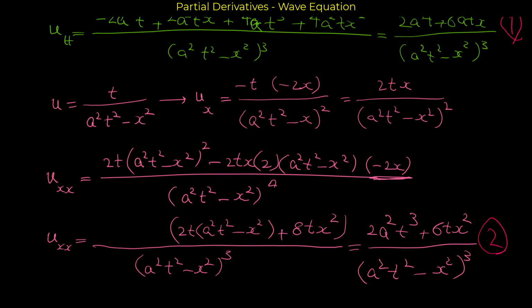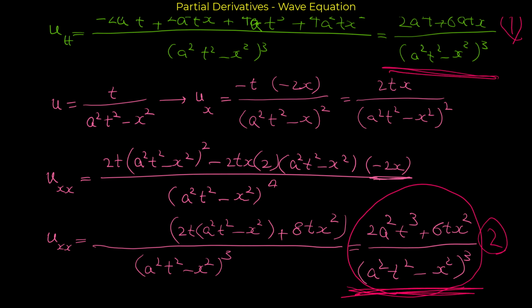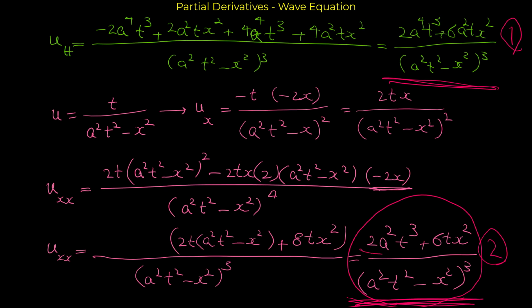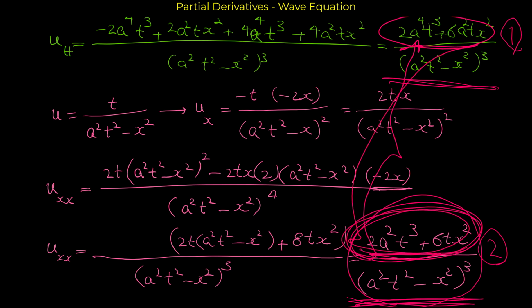So, if we multiply all of this by a^2, it should be equal to this. The numerator would be exactly this expression. Compare this. If we multiply all of this by a^2, we get exactly this. And the denominators are the same. So, it is already proved.